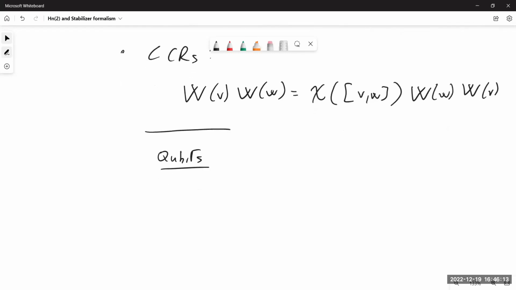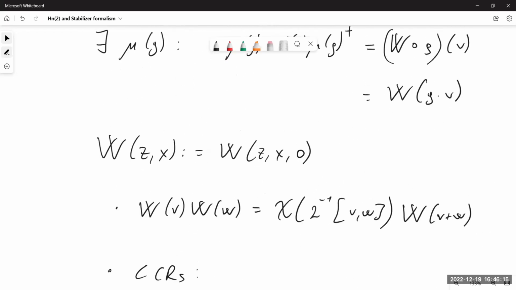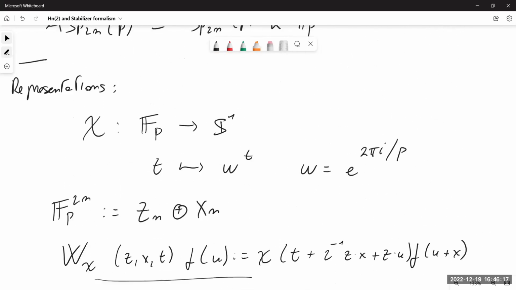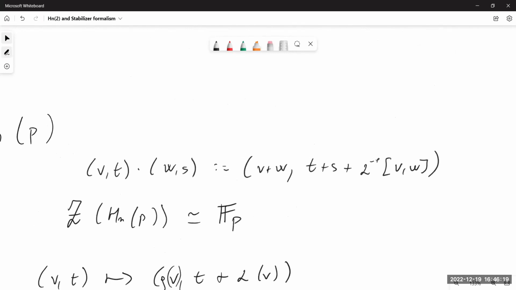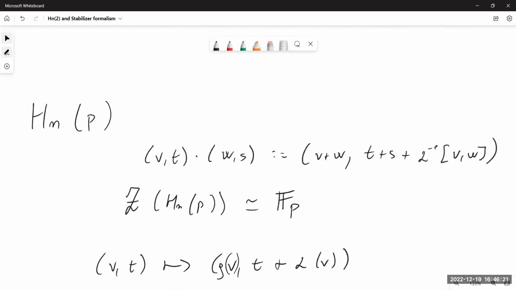The main problem in the qubit case is in the very definition of the Heisenberg group, because with this composition law we are using this 2 to the -1, and the multiplicative inverse of 2 for finite fields exists only when you are working with odd dimensions.